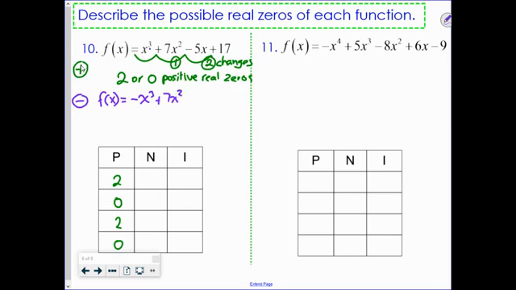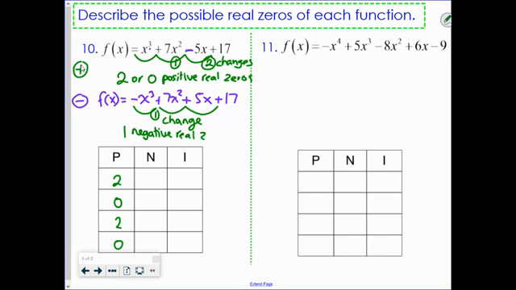This is odd, so I have to flip this minus to a plus, and then I leave plus 17 as plus 17. So how many changes have I got? I'm going from negative to plus, that's one change. No more, no more. So I only have one change, which tells me my polynomial does have, I have to find one negative real zero.